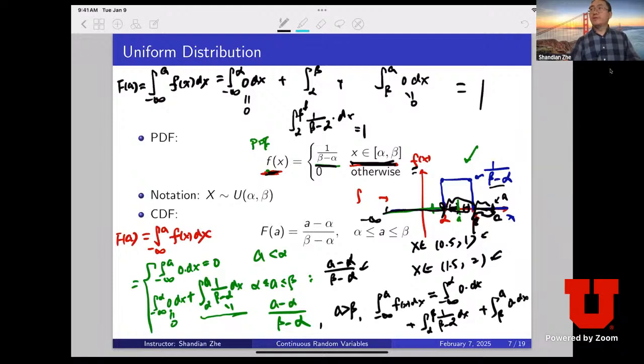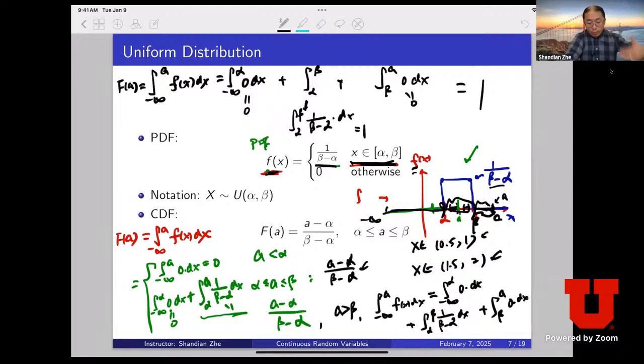Any question? If you doubt the computation, the calculation procedure, or if you're uncomfortable with that, it just means you haven't practiced calculus 1 for a while. That's the only reason. There's no other reason.